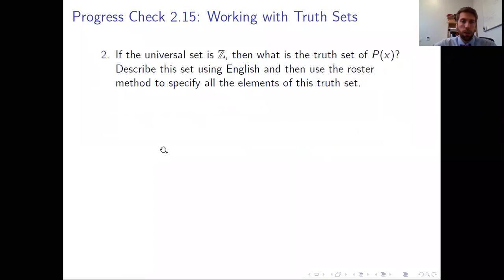Okay. If the universal set is Z, what is the truth set? Well, it's the integers between -3 and 3 inclusive, which in the roster method would be -3, -2, -1, 0. Well, let's just write it down.